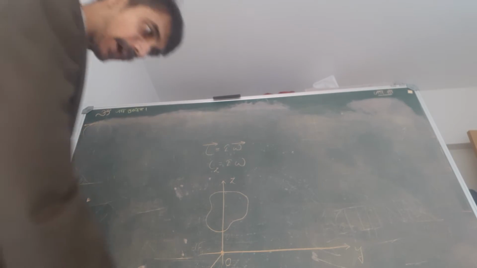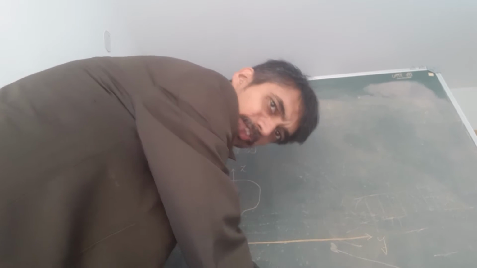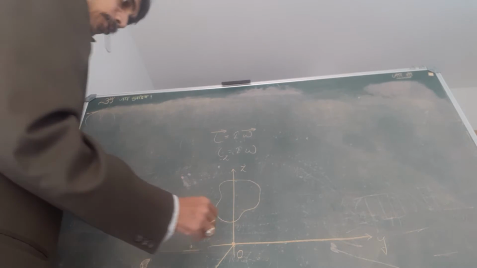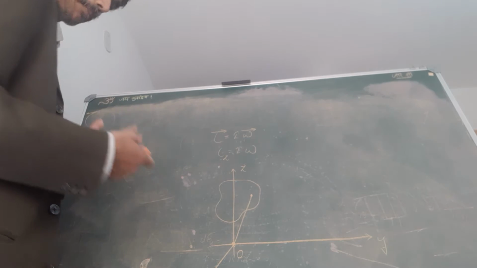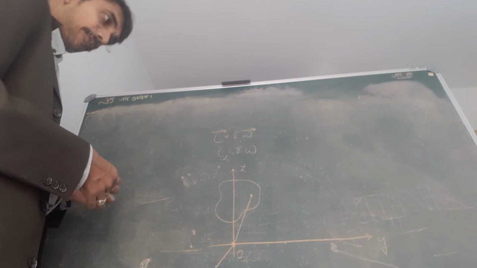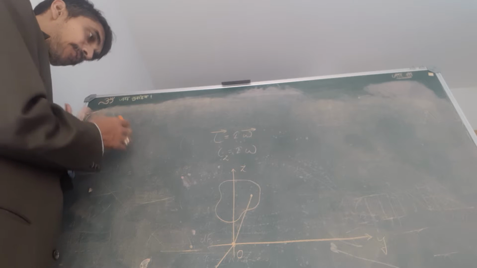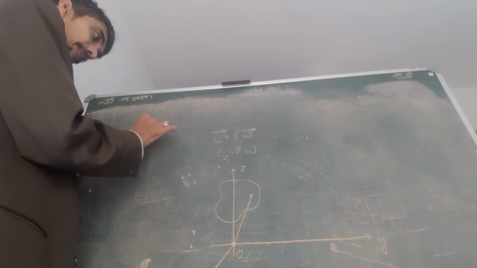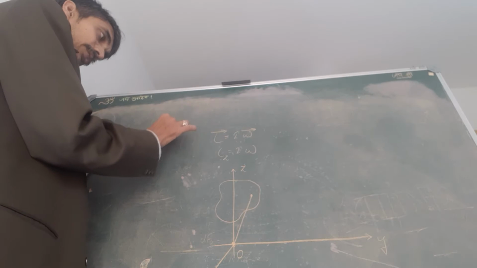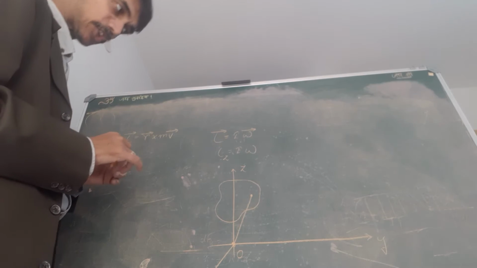How can I calculate angular momentum? Simply, I first have to locate a point. Because the baggage that we are carrying, where we are coming from, stems from the fact that L is equal to R cross mv, which was defined in the previous lecture.